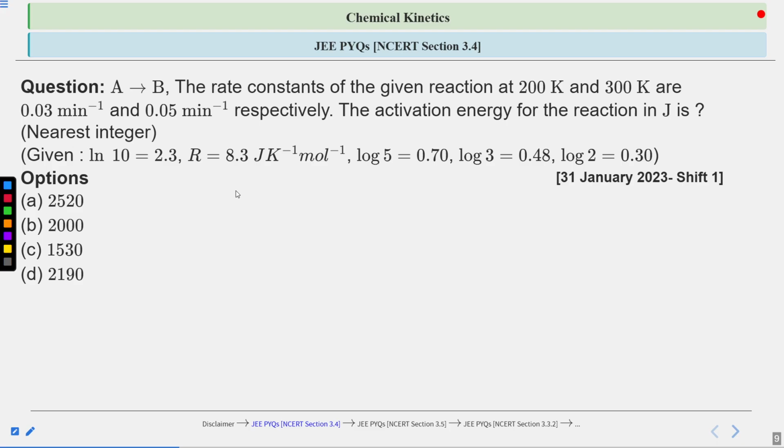This question was in the 2023 JEE examinations. The options provided are 2520, 2000, 1530, or 2190.